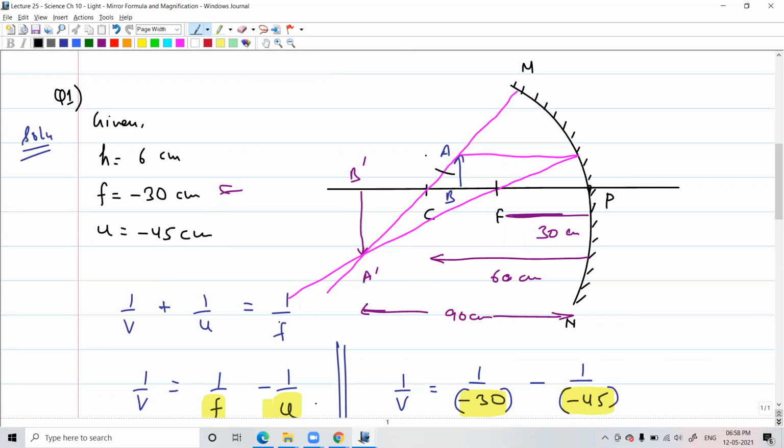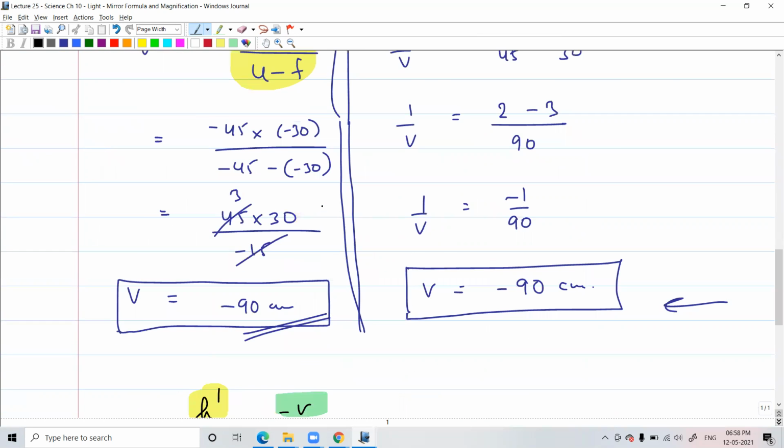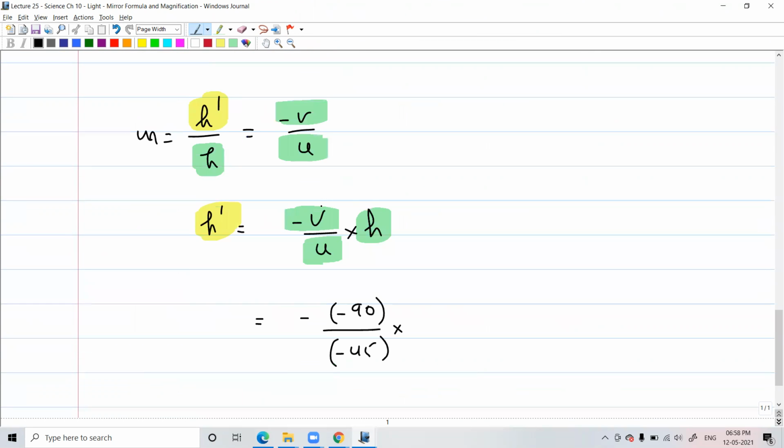Plus 6. It is above the principal axis, right? So that's why it is plus only. No need to put minus for that. Above the principal axis means it will be positive. The below one will be negative, but this you will get automatically. You don't have to put it, because we are finding h dash. So you will see that it will be negative. It should be negative. Let's see whether we get negative or not.